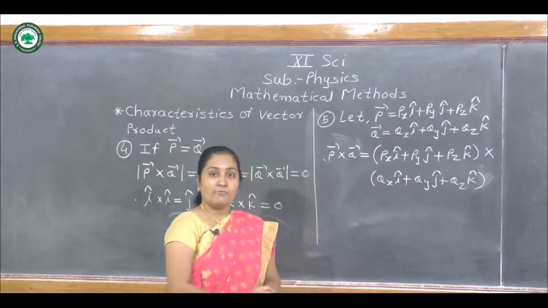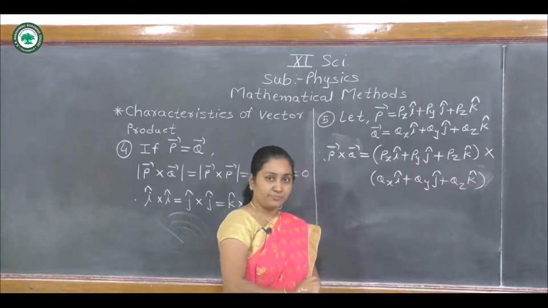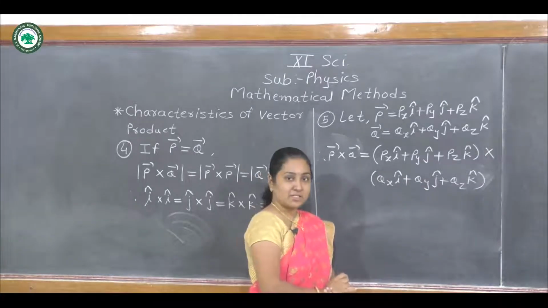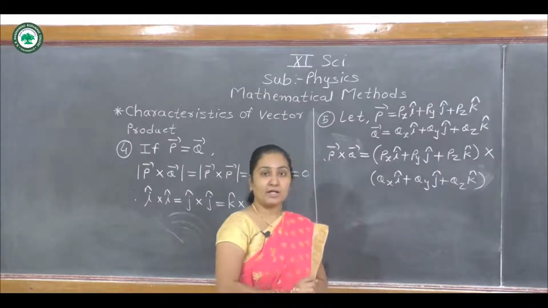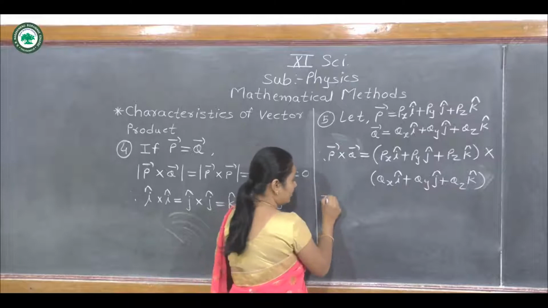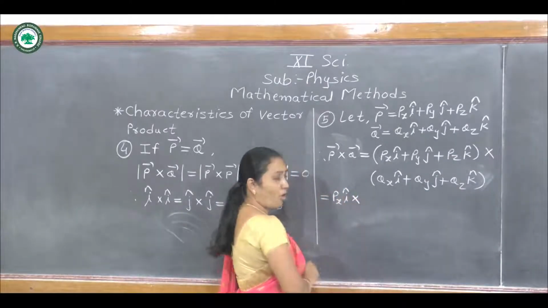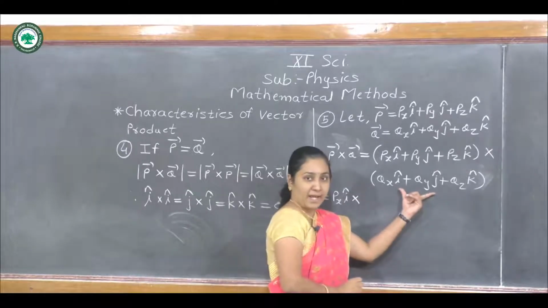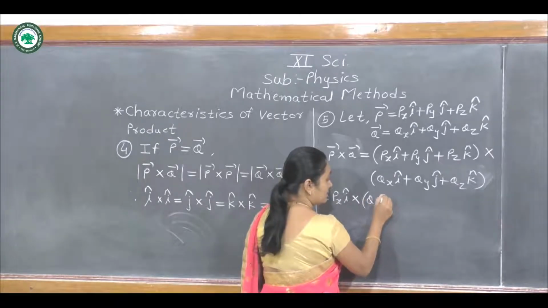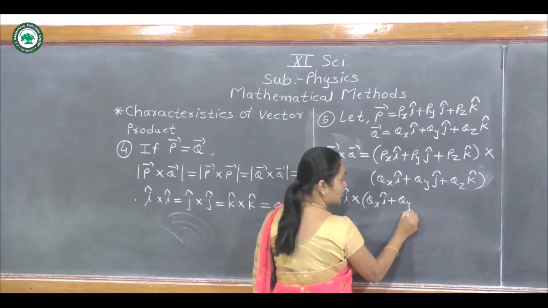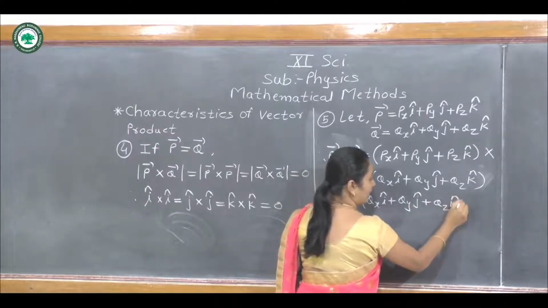Now we will simplify this equation. First we will separate these terms for finding the vector product. So it is equal to px i cap cross this bracket, that is q bar, qx i cap plus qy j cap plus qz k cap.